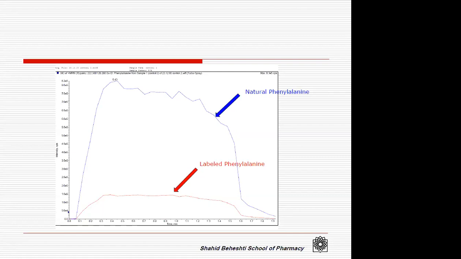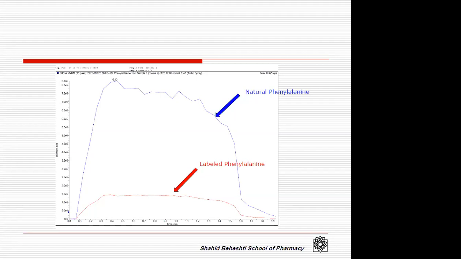And if the blue graph is higher and larger than labeled phenylalanine, it means we have a case of PKU. It means that the concentration of natural phenylalanine has gone higher than the pathological amount, which is reflected in the labeled phenylalanine.